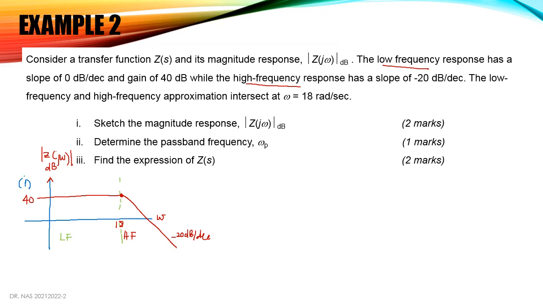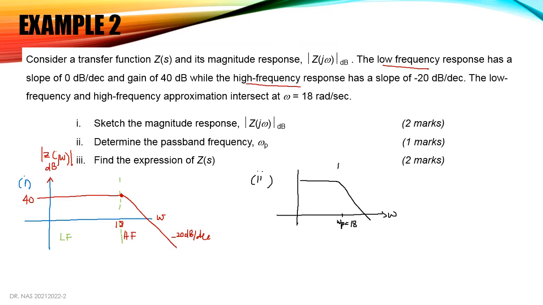Right, next, determine the passband frequency. So based on this shape, you know that it looks more or less like this. Omega passband 18. So determine the passband frequency.